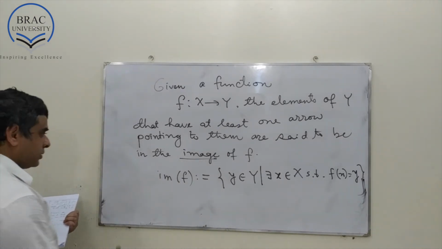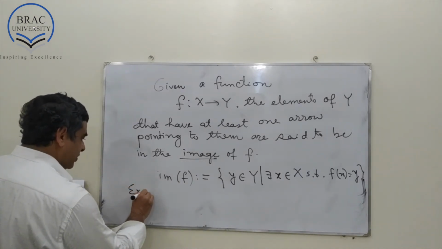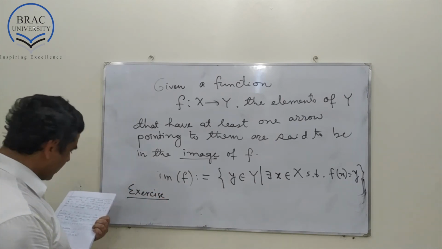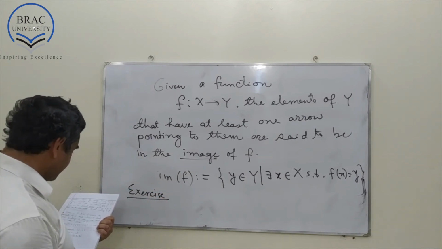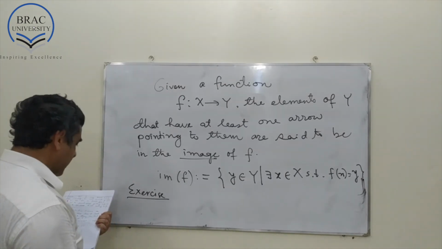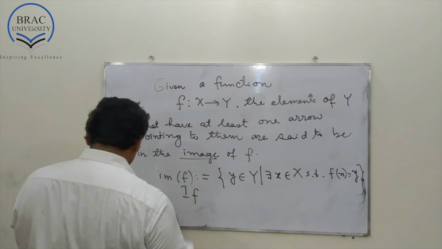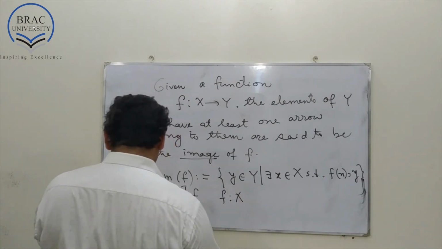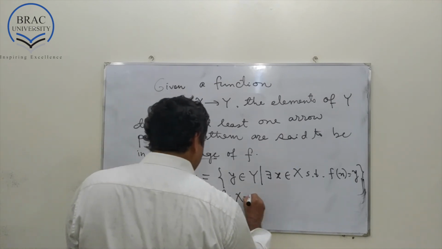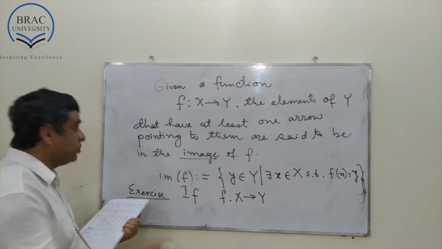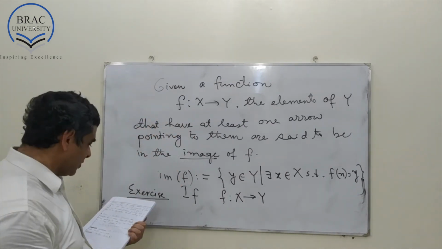So, here is another worked out example. I have written it down here as an exercise; also in the lecture notes, it should be something like a worked out example. If f is the function as given in the previous figure that I drew on the board, I have erased it here.